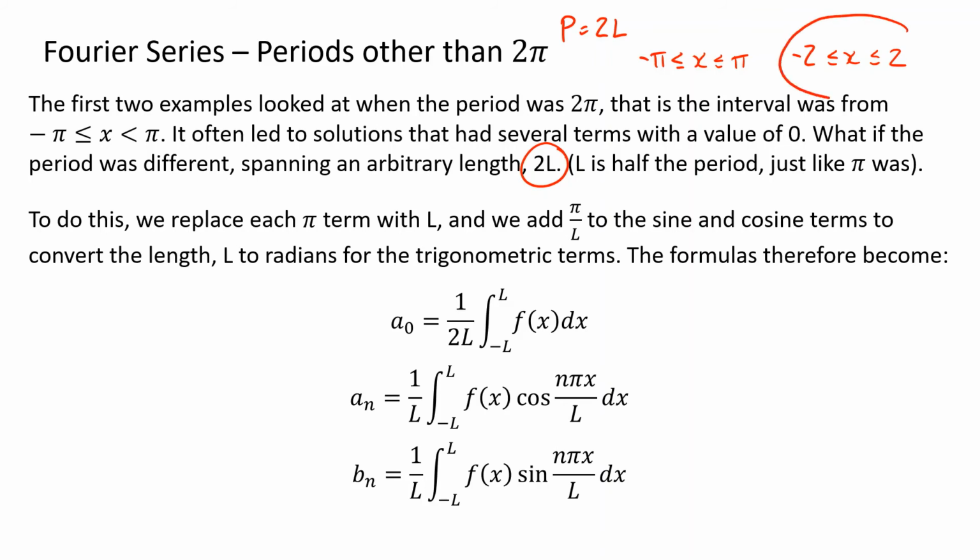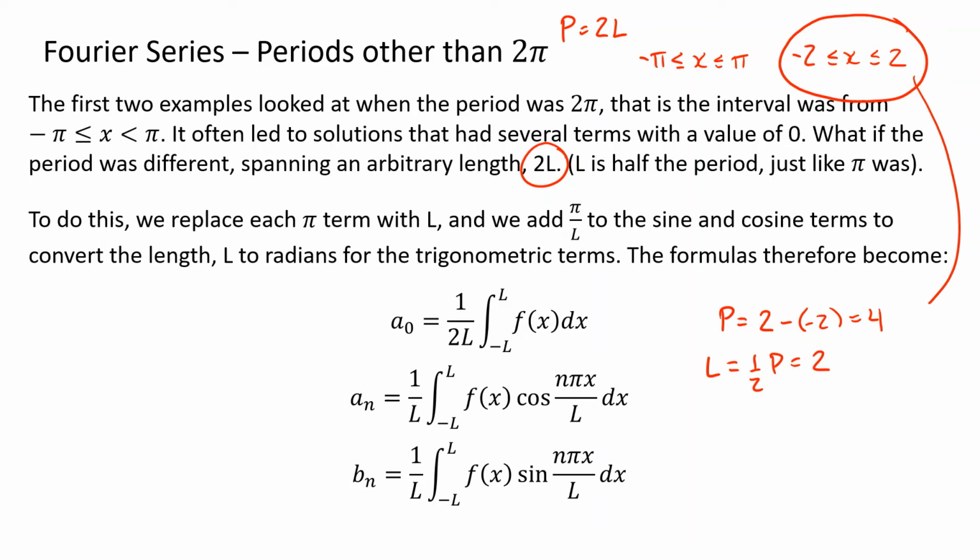Looking here, as an example, our period would be equal to 2 minus negative 2, or 4. So our length, our L value, is half that. L is 1/2 of the period, or simply 2.